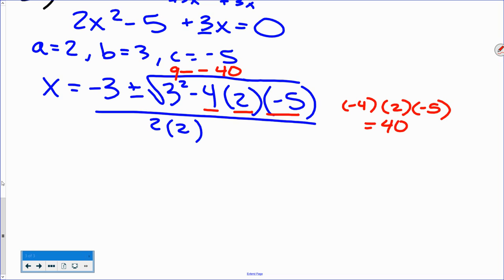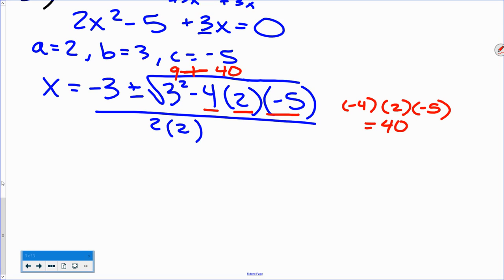Okay? If you have a calculator that you can type everything in, typically not your computer calculators or your cell phone calculators, you can actually type 3 squared minus 4 times in parentheses 2 times in parentheses negative 5, it will give you that answer of 49.